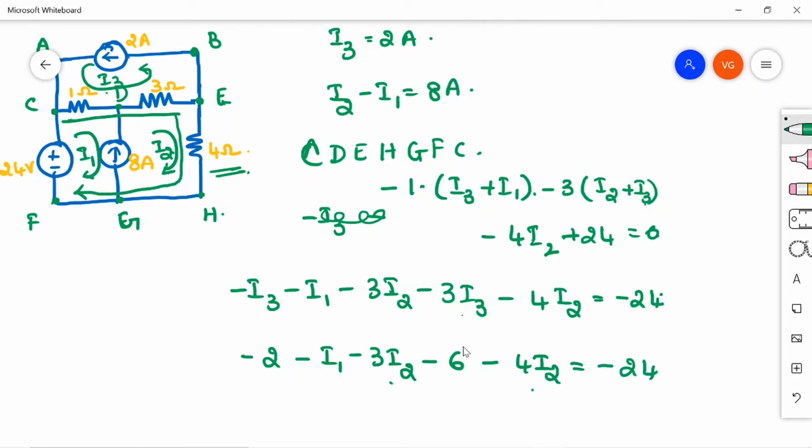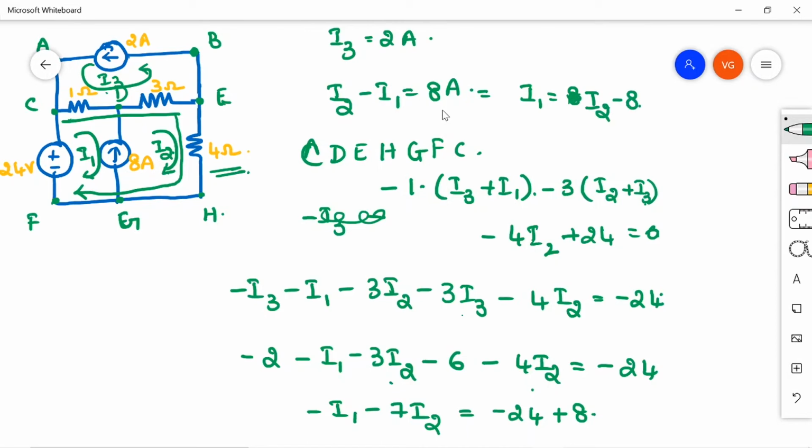So let us combine this I2 term. Minus I1 minus 7I2 is equal to, this is 8, so minus 24 plus 8, right? So more simplified here, you can take only I2 value, I need. So here I have I2 minus I1 is equal to 8 amperes, means you can substitute everything in terms of I2, no? So that is I1 is equal to I2 minus 8.